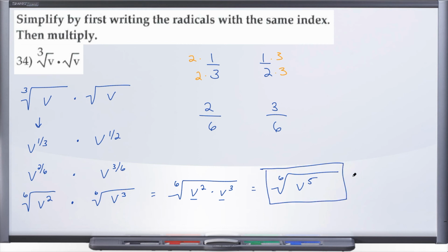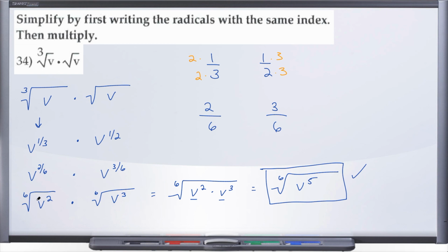All right, so again, just like we did with number 33, we took our original radicals, rewrote them in exponential form, and in exponential form, you can clearly see the rational exponents. We took those original rational exponents, we got ourselves a common denominator, then rewrote each of those terms into radical form.